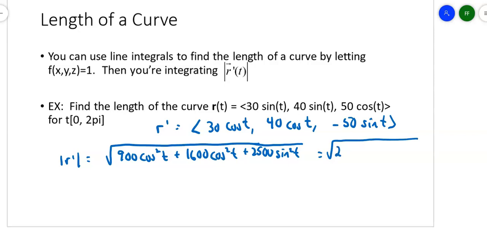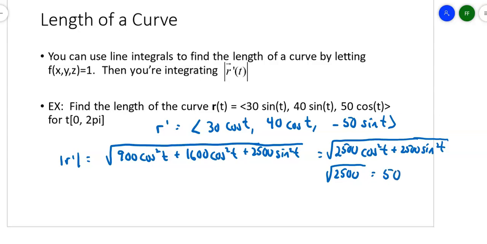This gives me 2500 cosine squared t and 2500 sine squared t. Well, a Pythagorean identity, sine squared plus cosine squared is 1, so it just gives us the square root of 2500, which is 50, right?